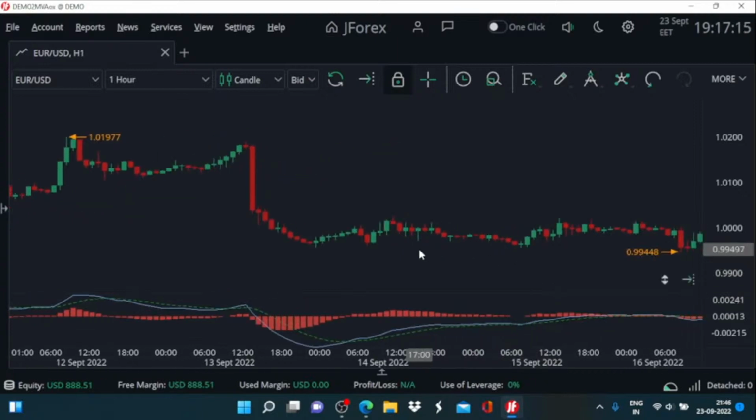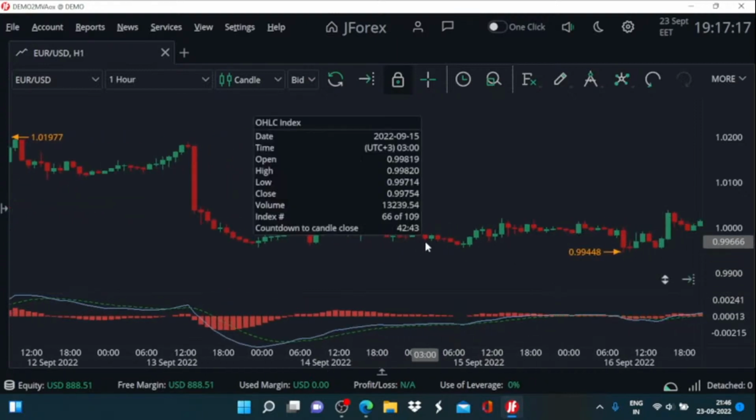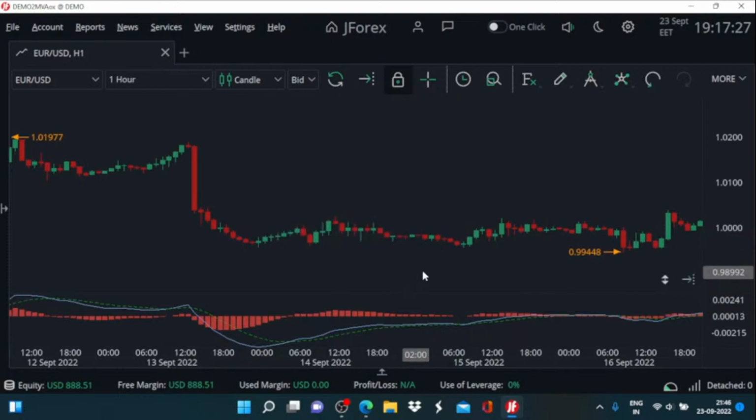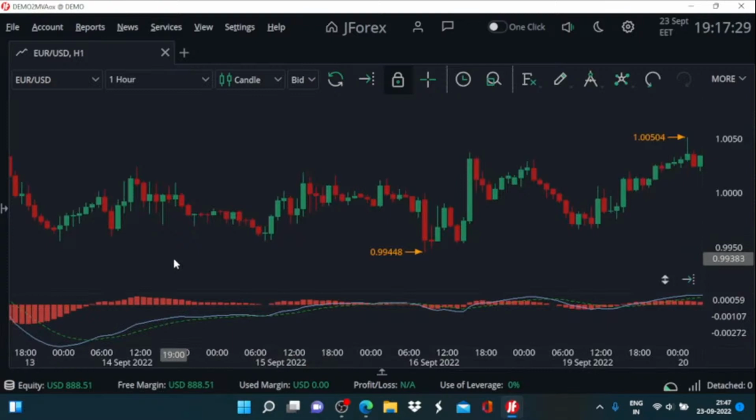Then we can see that there is a divergence between the price moves and the plotting of these output values, and one way or the other it will have to converge. So either the underlying instrument is going to change the direction, or it is going to start a new rally in coming time.